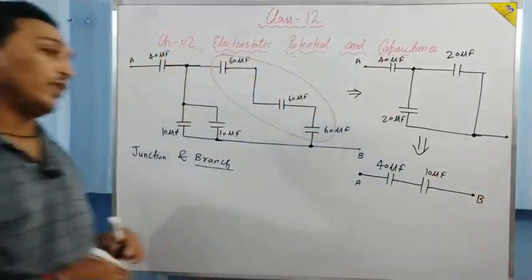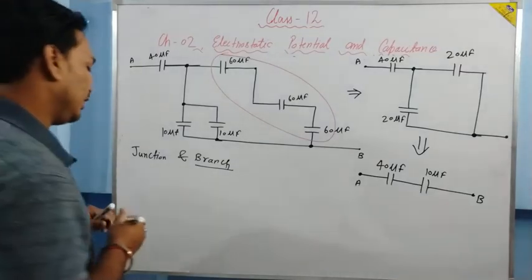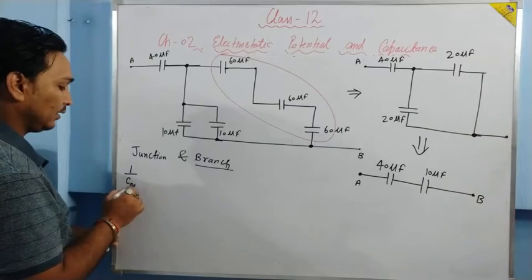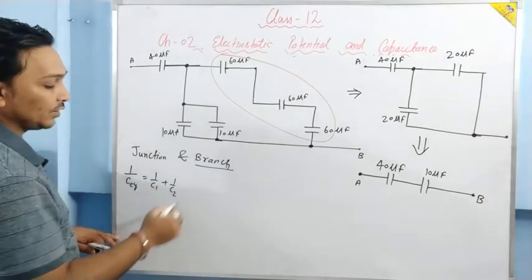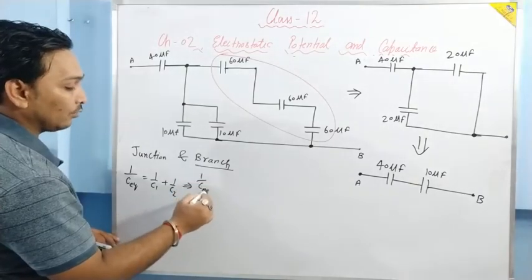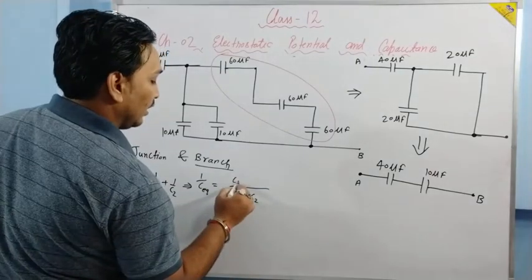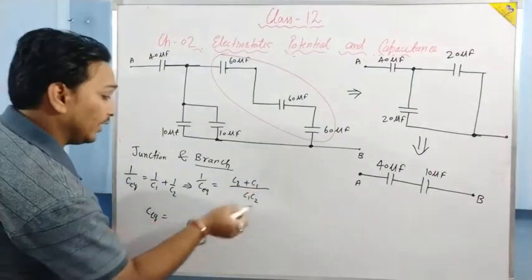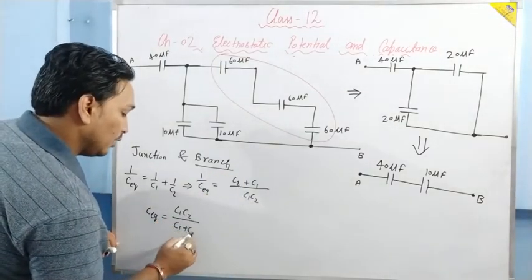Now 40 microfarad and 10 microfarad are in series. For series combination, let me tell you a simple thing. C equivalent for two capacitors: 1 by C1 plus 1 by C2. Taking the LCM C1 C2, it will be C2 plus C1 over C1 C2, and C equivalent will be the reciprocal of this, which is C1 C2 upon C1 plus C2.